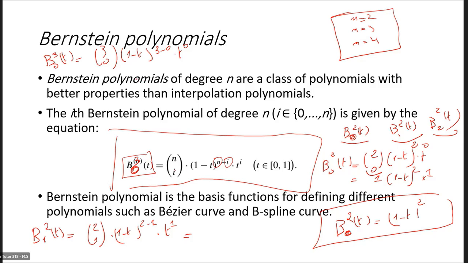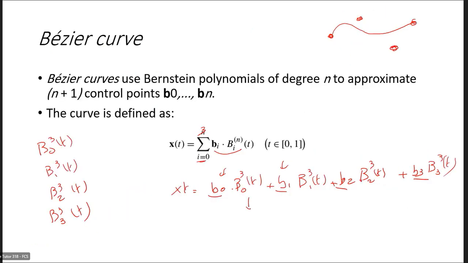The value here is 1, multiplied by (1 minus t) to the power of 3, multiplied by t to the power of 0, which is 1. So it is (1 minus t) to the power of 3. So x of t will be b0 multiplied by (1 minus t) to the power of 3. This is the first item, plus b1 multiplied by its element, and you have to calculate this element, etc.